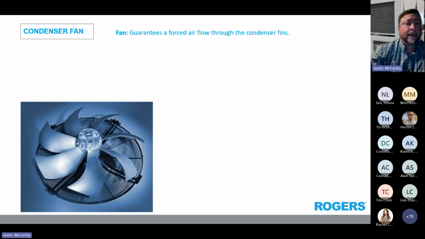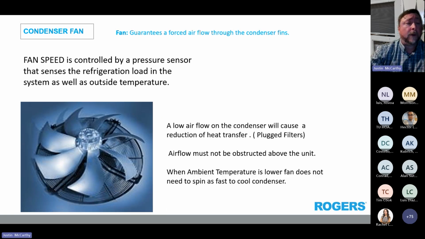Of course, the condenser fan will move airflow over the condenser to get maximum heat dissipation off the coil. As ambient temperatures change, especially in the northern US and Canada, we have to slow those fans down because we don't need as much air.